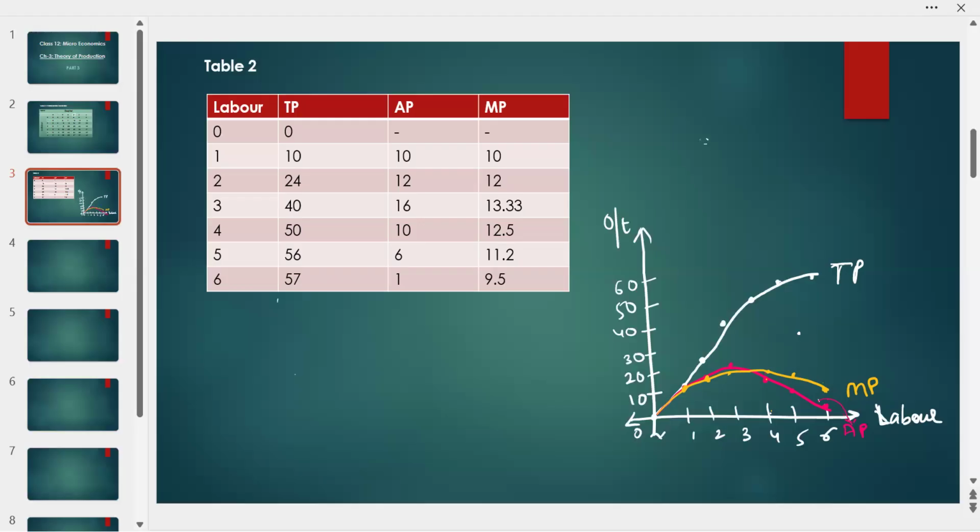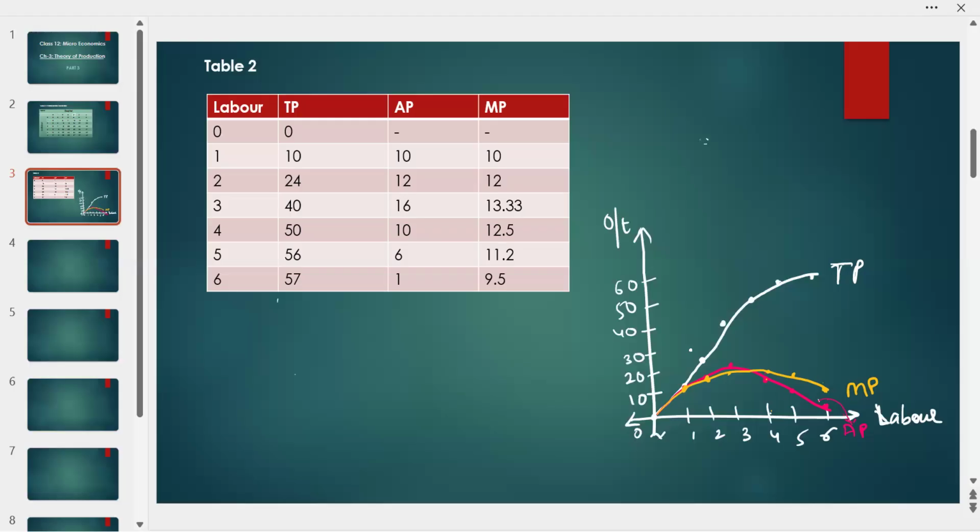Now, you can also comment on the total product: as total product starts increasing, it is increasing at a very high rate, but it's not increasing at a similar pace after a certain level.